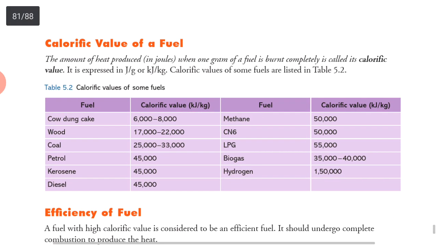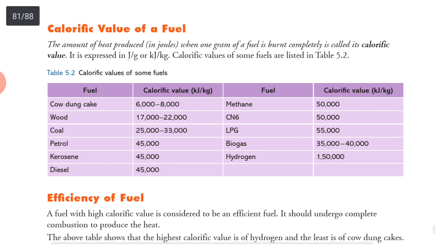Calorific value of a fuel: the amount of heat produced in joules when 1 gram of fuel is burnt completely is called its calorific value. It is expressed in joule per gram or kilojoule per kilogram.